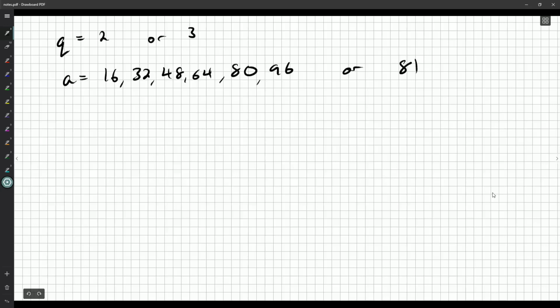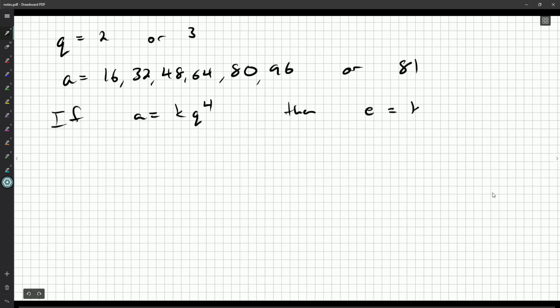Okay. So what do we have here? Well, if A is equal to k q to the 4, then E is going to be divided by q to the 4.